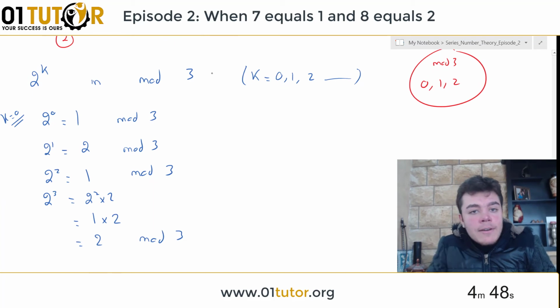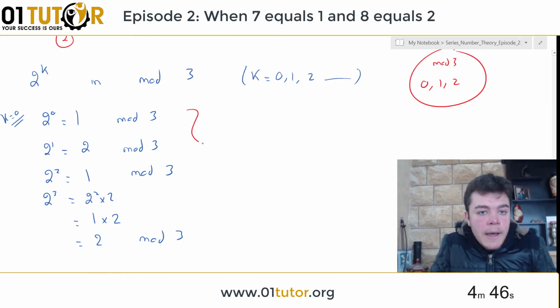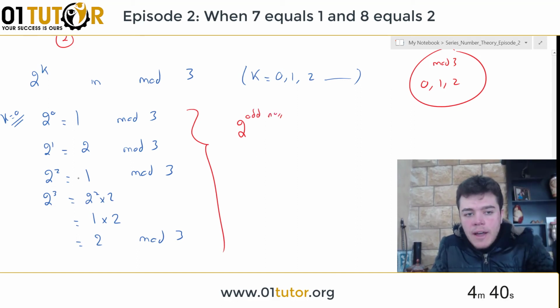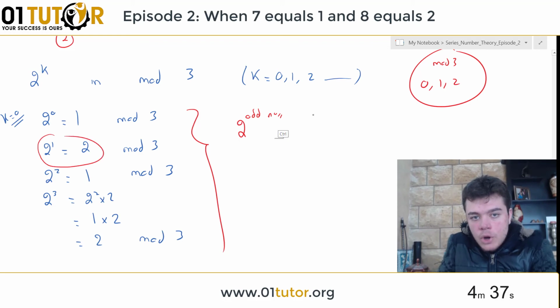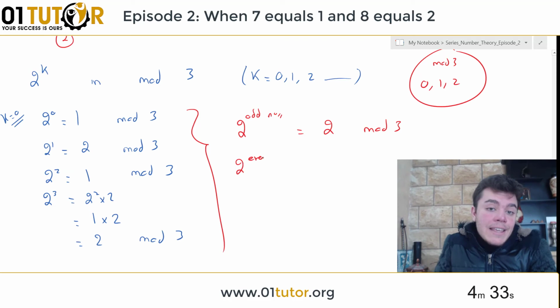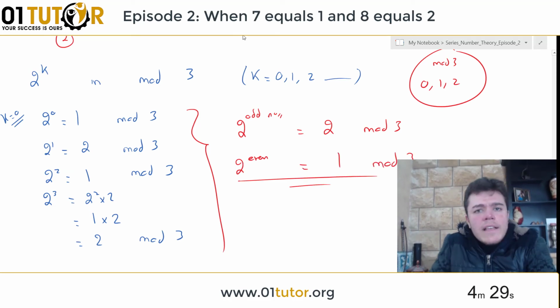Notice the pattern here: 2 to the power any odd number, for example 1, 3, 5, etc., will give you 2 mod 3. However, 2 to the power any even number will give you 1 mod 3. Why is that important?